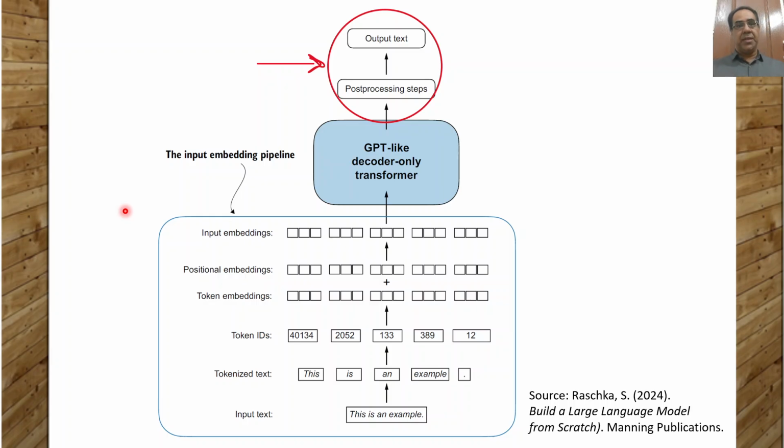As mentioned before, as a part of the input preprocessing pipeline, the input text is first broken up into individual tokens. These tokens are then converted into token IDs using a vocabulary. Then the token IDs are converted into embedding vectors to which positional embeddings of a similar size are added, resulting in input embeddings that are used as input for the main LLM layers.